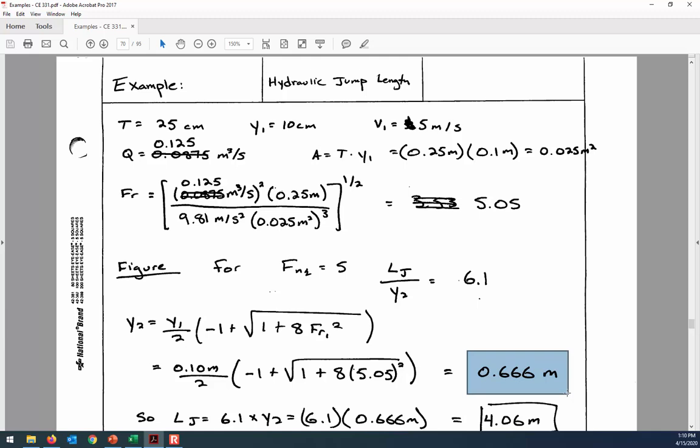So we have that y2, and so let's look at from the figure the Froude number of 5 and what it means for the length of the jump and the y2 ratio.